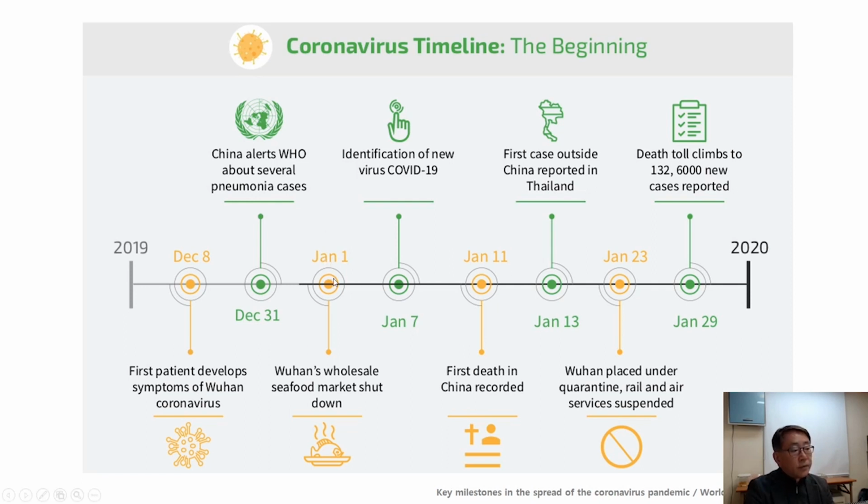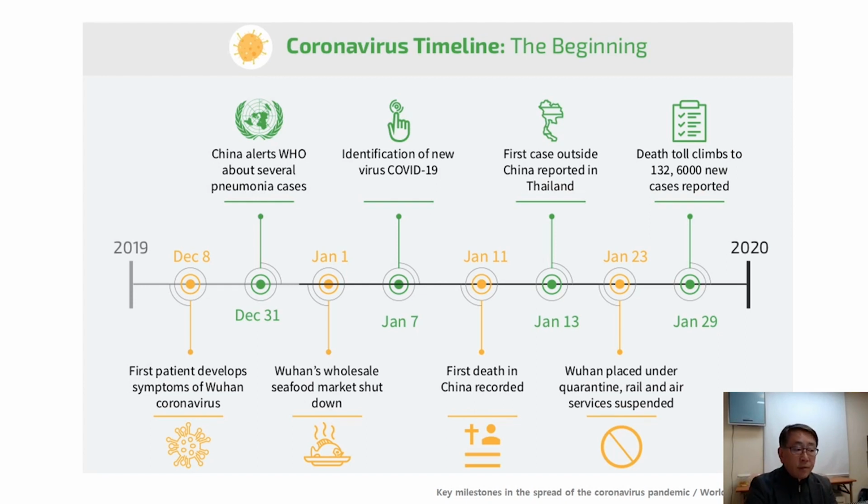On the first day of this year, January 1st, the Chinese government shut down the Wuhan wholesale seafood market, which is the original place that this outbreak started. After a week, Chinese scientists identified this new COVID-19 virus, called SARS-2 coronavirus, rather similar to the MERS and SARS viruses that occurred earlier.